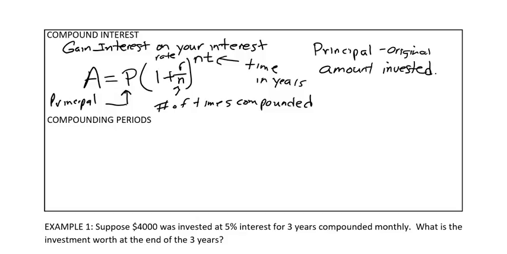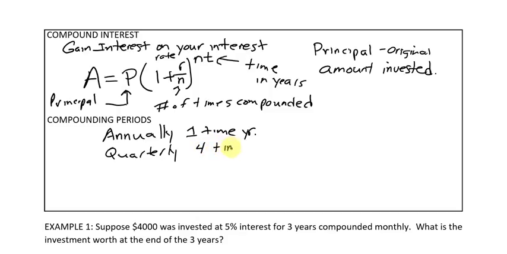Okay. So compounding periods, how long do they wait before they compound your interest? Well, they could do it annually, which is 1 time a year. They could do it quarterly, which is 4 times per year.